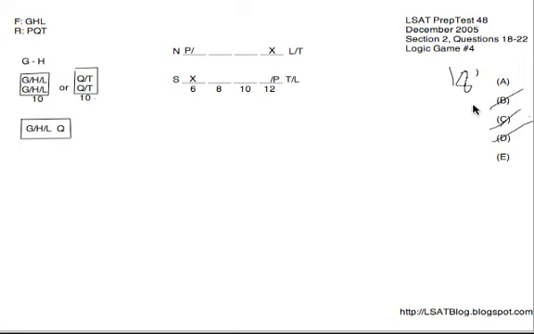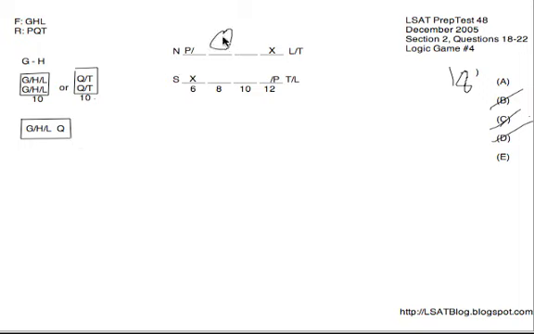So we could use some of the other rules here. It's a little bit tough to see everything, of course, because they're only giving us half the diagram, but we do know that choice E with Q on 8, because remember, north is 6, 8, 10, isn't going to work. If we had Q on north 8, we would have to have one of GHL coming immediately before it, but choice E has P there.